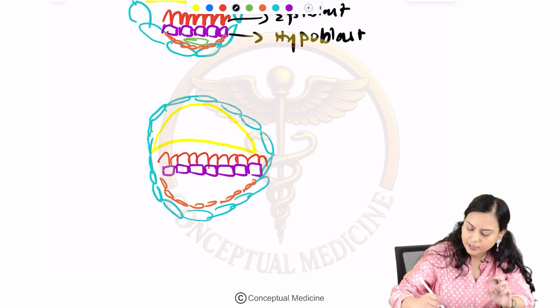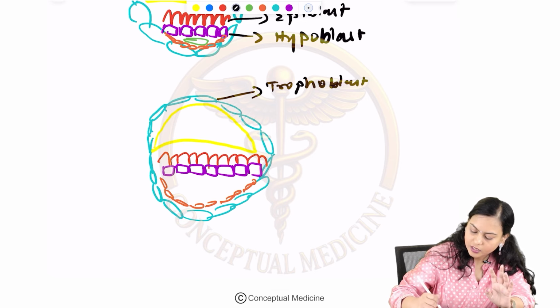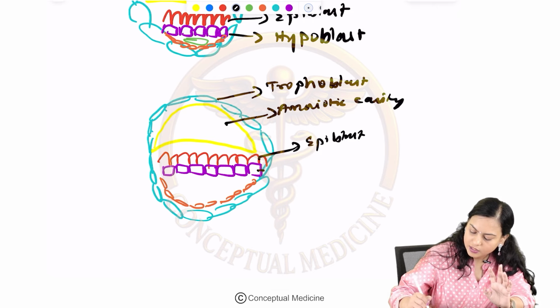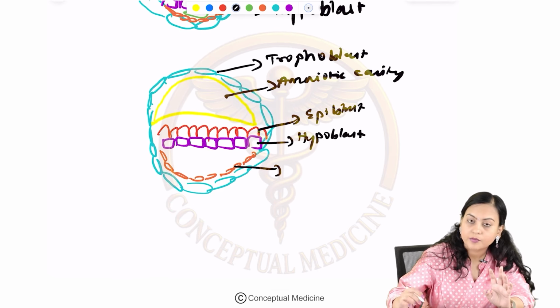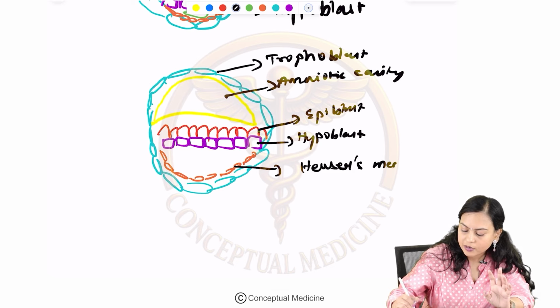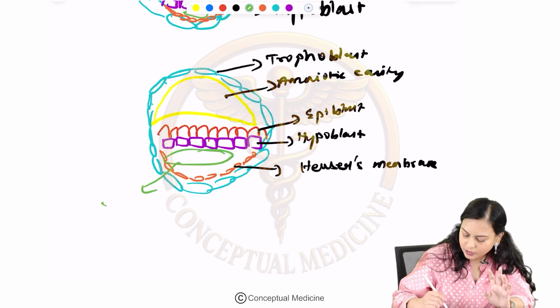So, basically if we name, this is the trophoblast, this is the amniotic cavity, this is the epiblast, this is the hypoblast, and we have this new layer of cells that is formed from the hypoblast, and this layer is basically known as Heuser's membrane, right. And this new cavity that is formed now will be known as the yolk sac.